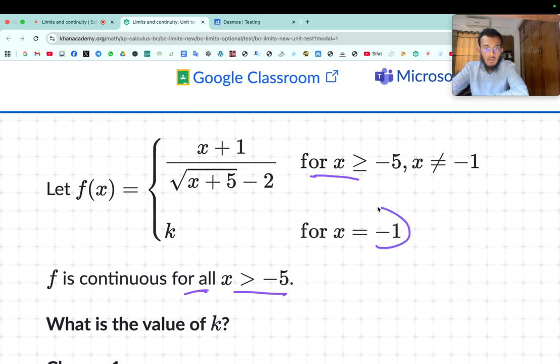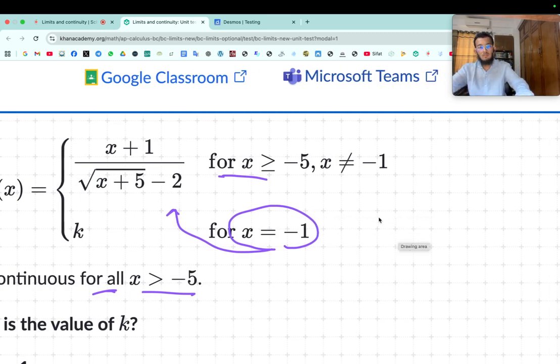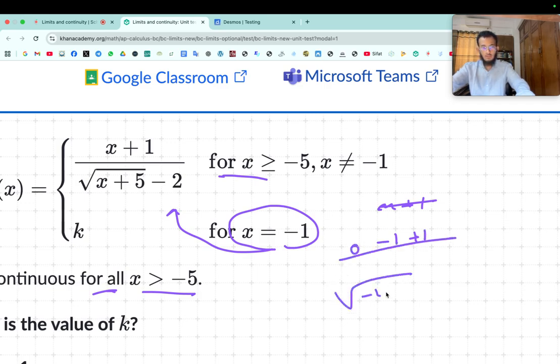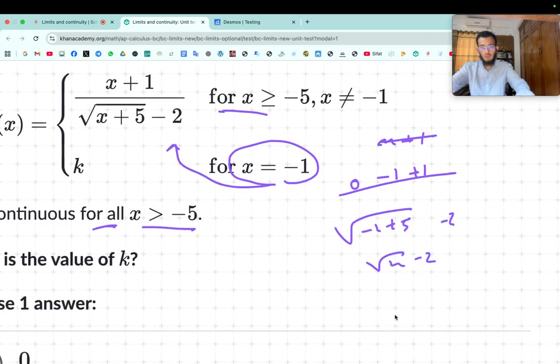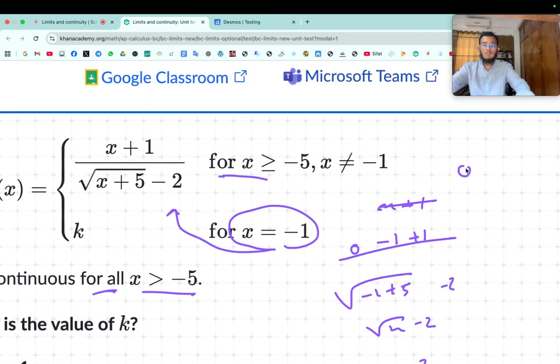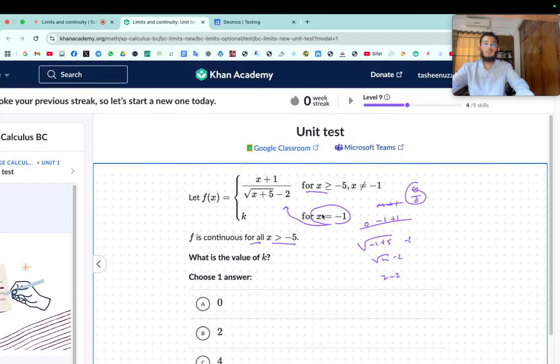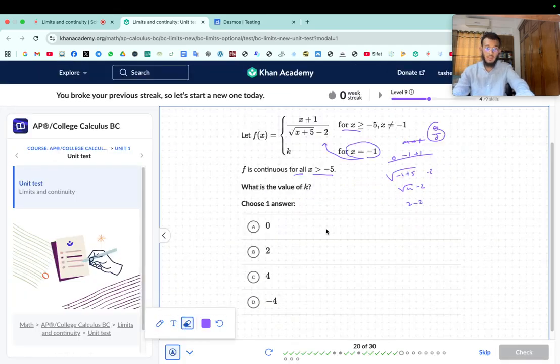So if you plug in negative 1 here, x plus 1, it's negative 1 plus 1, it is 0. It's 0 in the numerator. What about the denominator? Root of negative 1 plus 5, minus 2. It's root 4 minus 2, 2 minus 2. So it's just the indeterminate form, 0 out of 0. That's why you have to rearrange it and find the value for k.